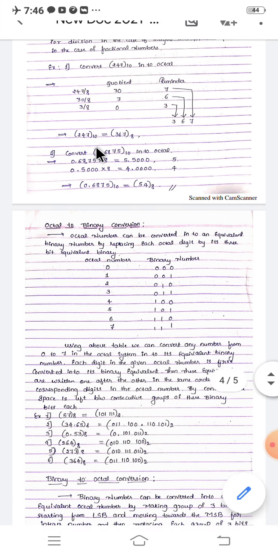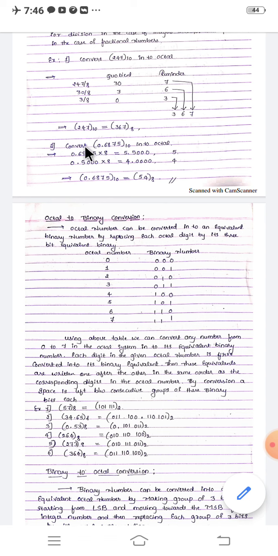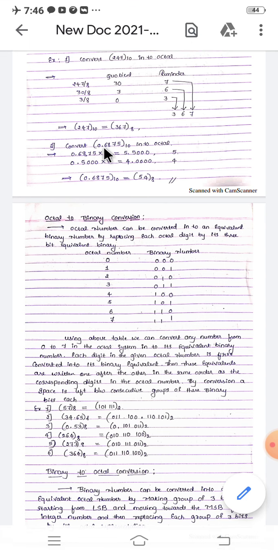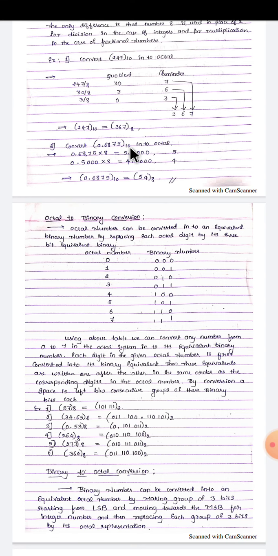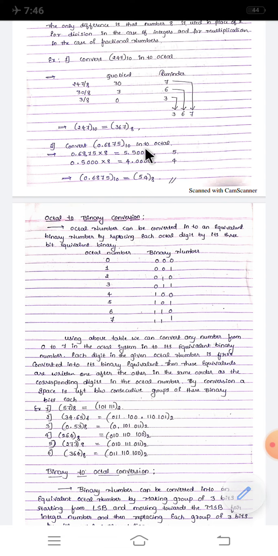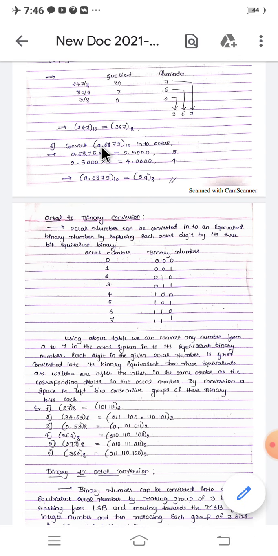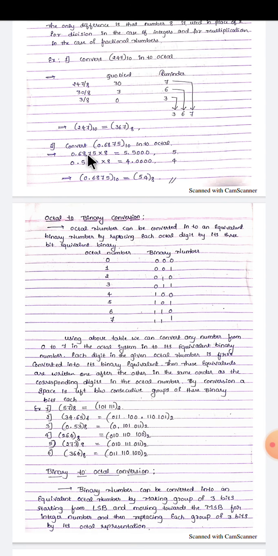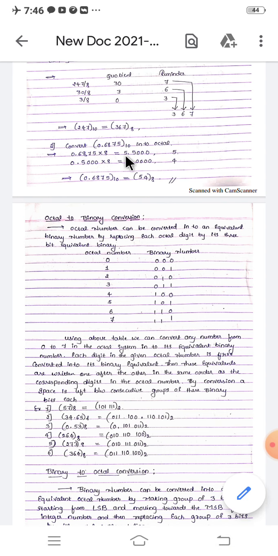Next, take a different example. Convert the decimal number 0.6875 to octal. The same example I solved in decimal to binary conversion, but there I multiplied by 2. Here we have to multiply by 8. So 0.6875 times 8 gives 5.5. Take 5, remaining is 0.5. Then 0.5000 times 8 gives 4.000. Here 4 is the answer, remaining is 0, so no further terms will come.